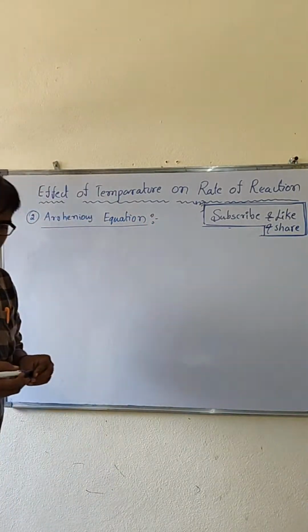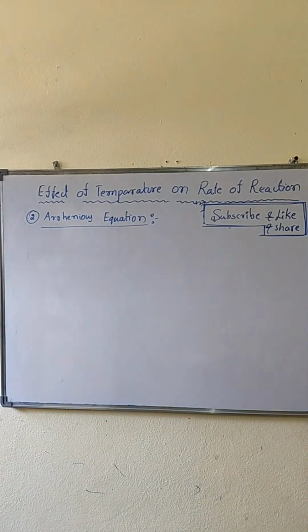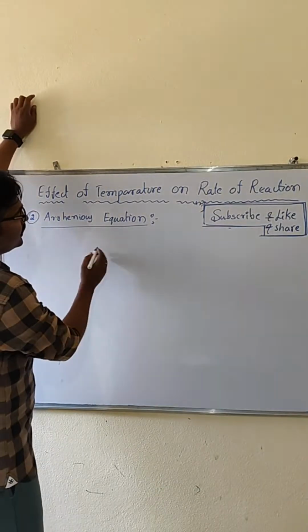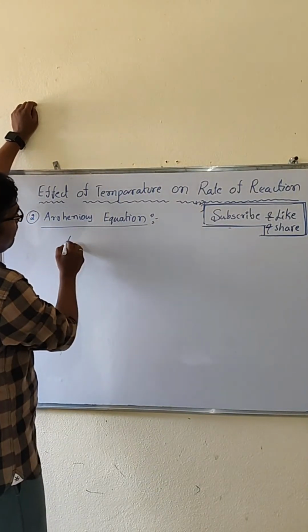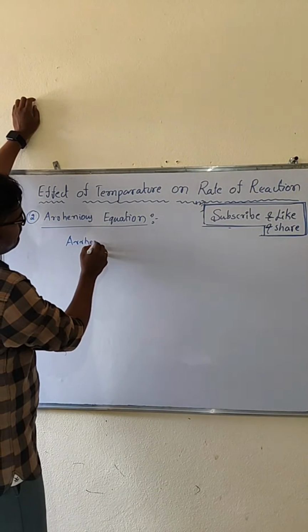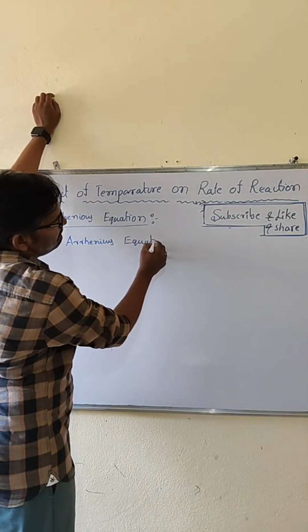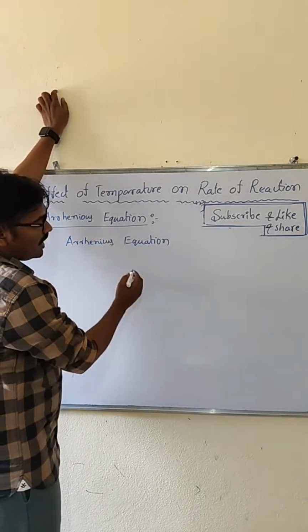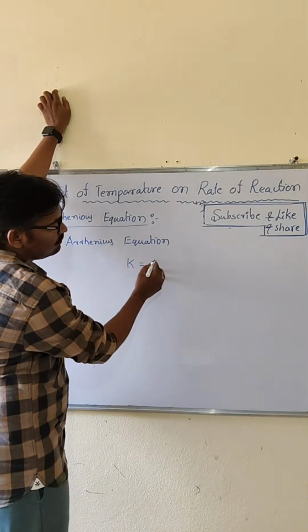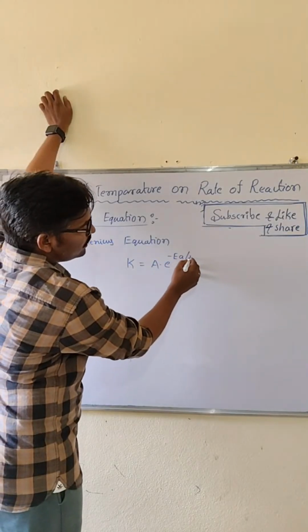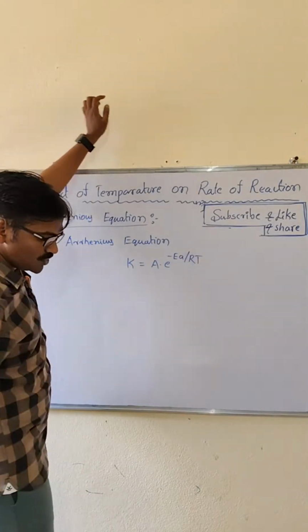So what is the Arrhenius equation? Arrhenius equation: K equals A into e power minus EA divided by RT. This is the Arrhenius equation.